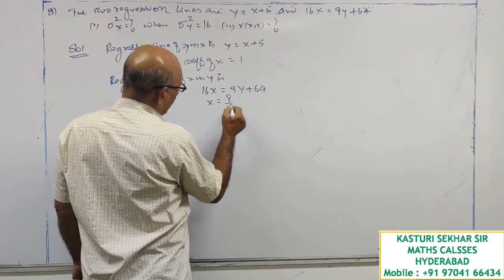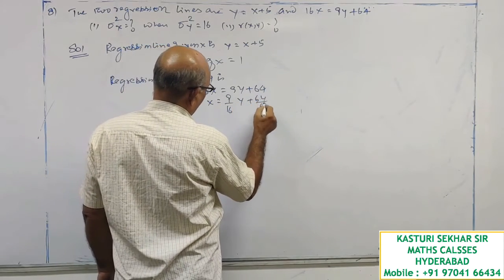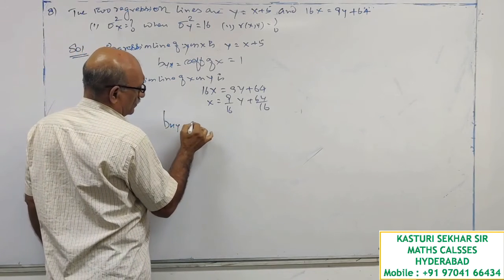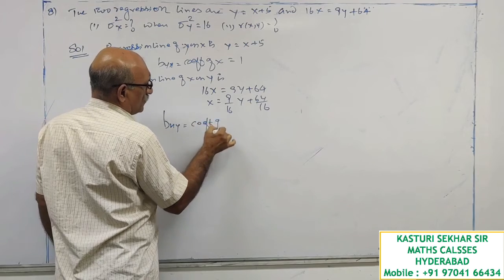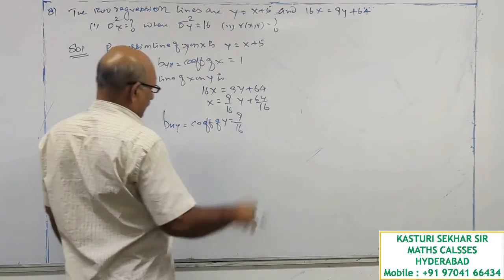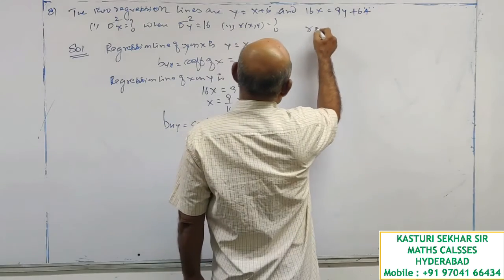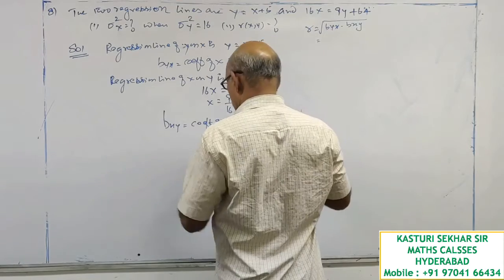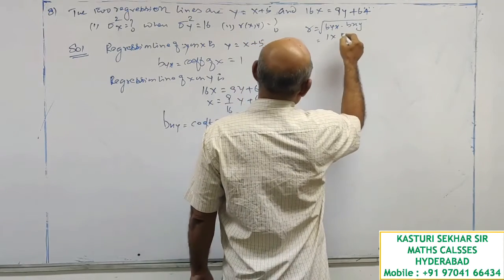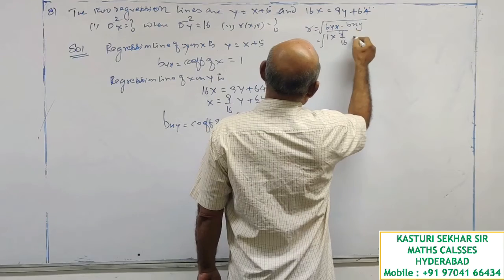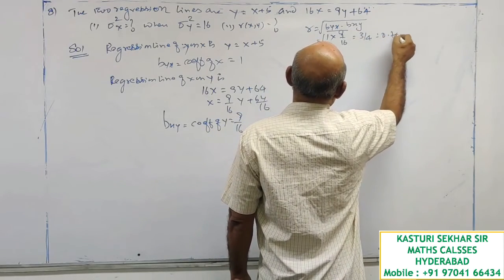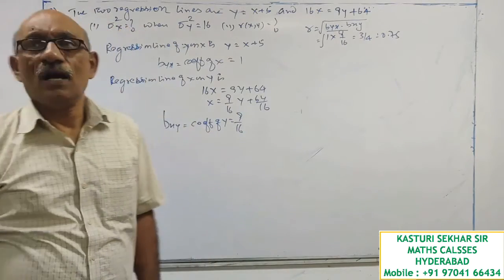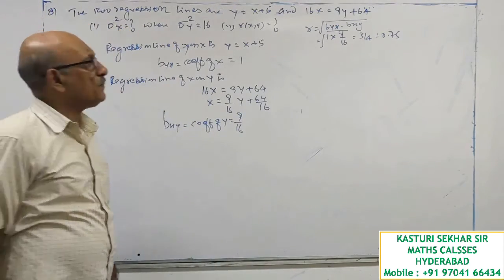X is equal to 9 by 16 into y plus 64 by 16. Now bxy is equal to the coefficient of y, 9 by 16. R is equal to the square root of byx into bxy, which is the square root of 1 into 9 by 16. This is 3 by 4, 0.75. For one question, the answer is obtained.